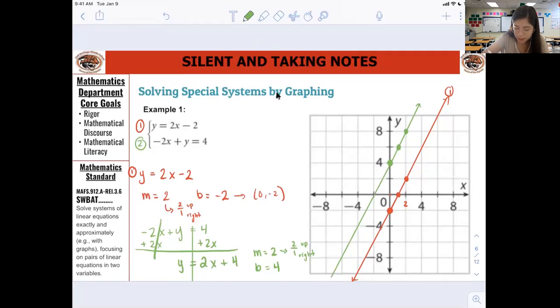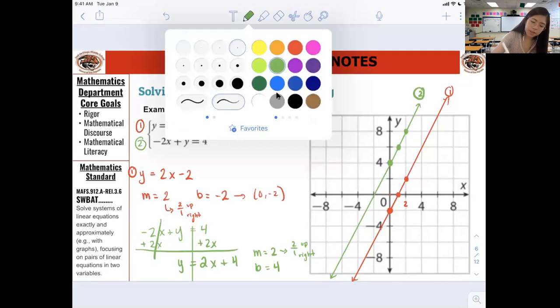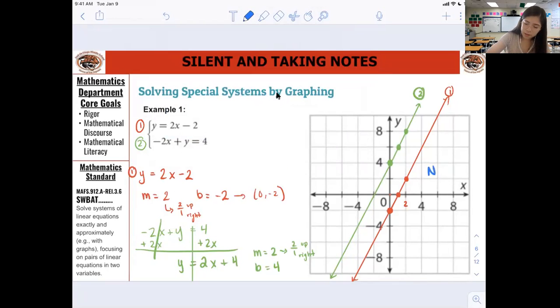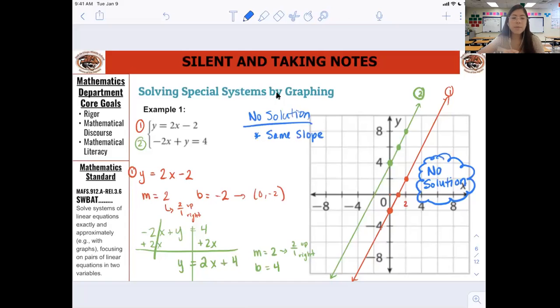They have the same exact what? Slope. Same slope. This is no solutions because they're never going to touch. They're never going to meet up. Now, they have the same slope, but what was different?